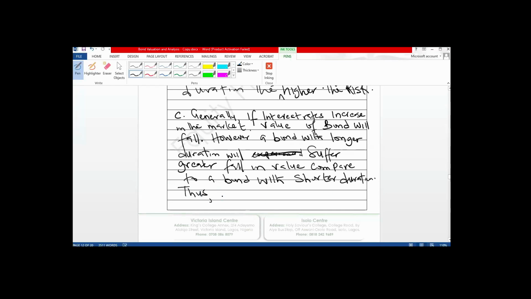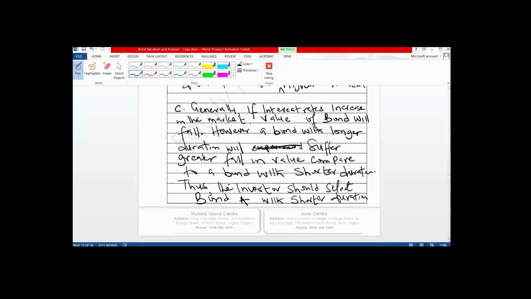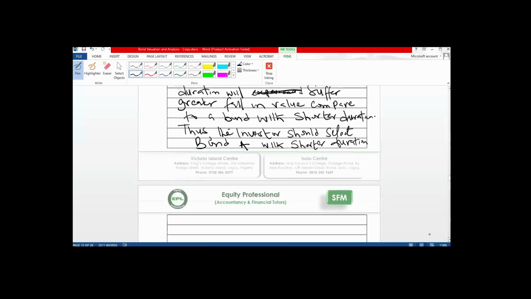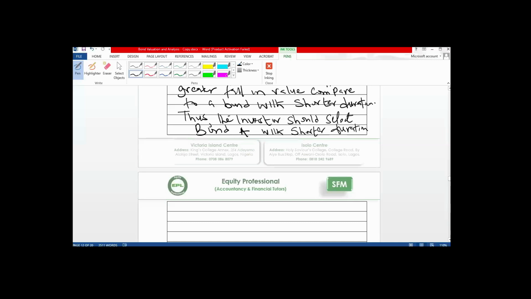Thus, the investor should select bond A with shorter duration so as to minimize his or her risk.